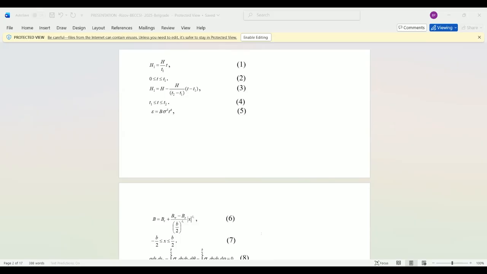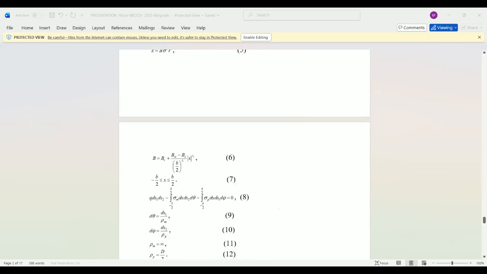The analysis begins with writing the condition of equilibrium along the normal to the surface of the tank, as given in equation number 8. Here q is the pressure on the internal surface of the wall, and sigma m and sigma p are the stresses in the wall in the meridian and hoop directions. ds1, ds2, d theta and d phi are geometrical parameters related as given in equations 9 and 10.